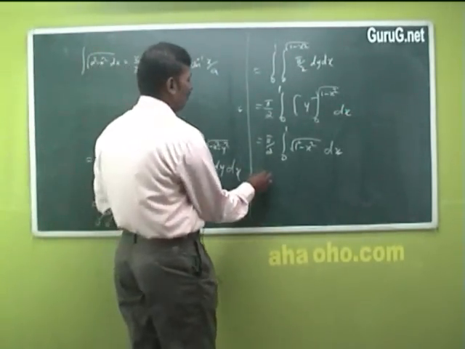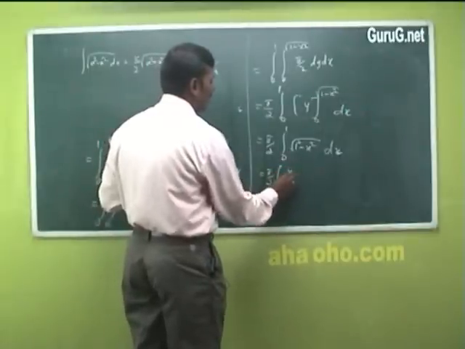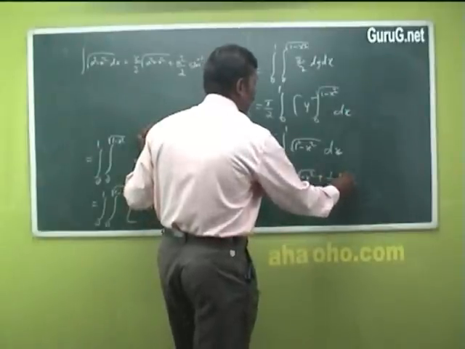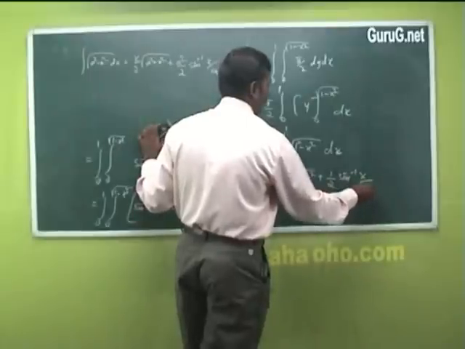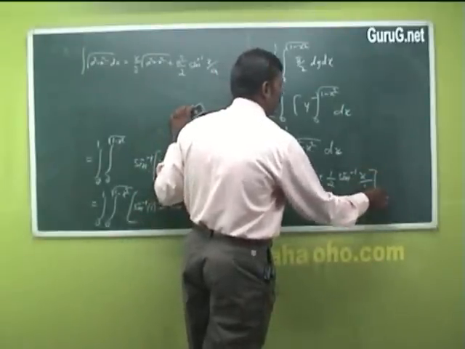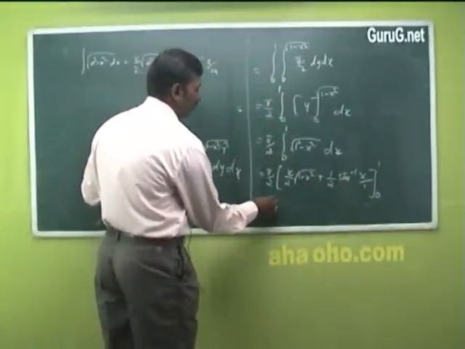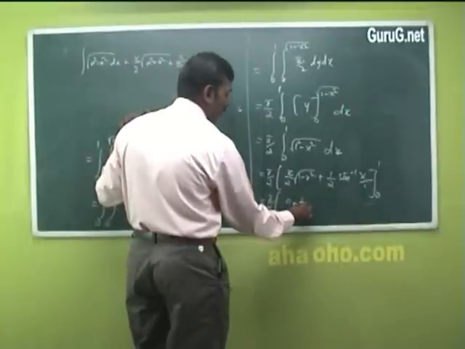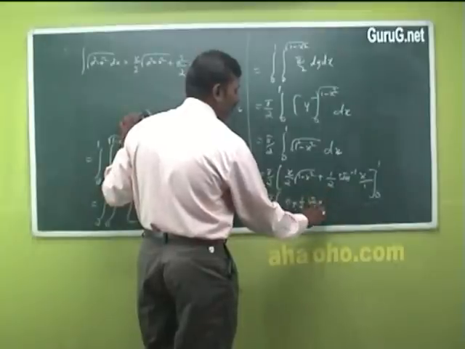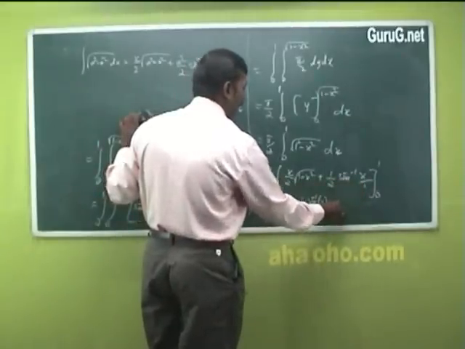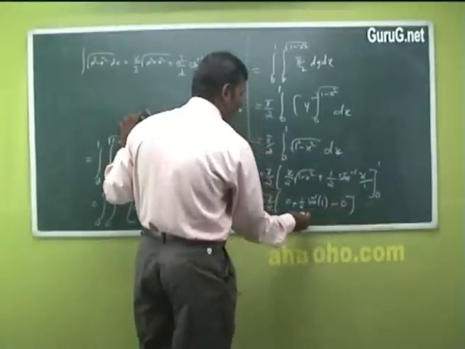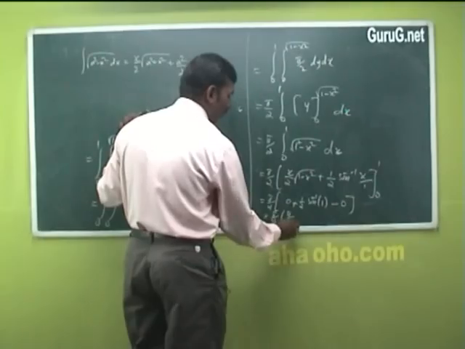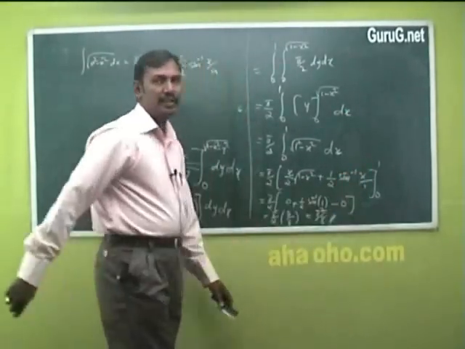Substituting, we get pi by 2 into x by 2 into root of 1 minus x square plus a squared by 2 sin inverse of x by a, from 0 to 1. Then pi by 2 into, substituting here, this is 0, and this is 1 by 2 into sin inverse of 1 minus the lower limit 0. So again pi by 2 into pi by 2 is pi by 4, so this is equal to pi squared by 8.